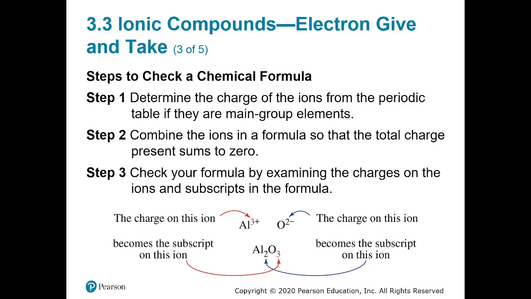So again, remember that this is 2 minus. If we have 3 of those, 3 times 2 minus, that's -6. So the oxygens have -6 charge. Aluminum, on the other hand, is 3 plus, and 3 plus times 2 is again plus 6.